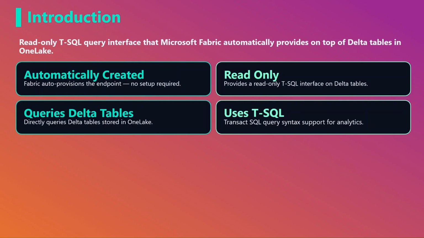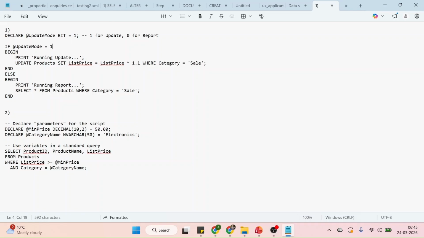Now, Transact SQL is different from normal SQL as it is much more powerful. If you are from a SQL Server background, you already have a great understanding of this. But in case you are coming from any other database, let's understand the power of Transact SQL. In normal SQL, you can't write like this. You need to write any kind of conditional logic in a stored procedure.